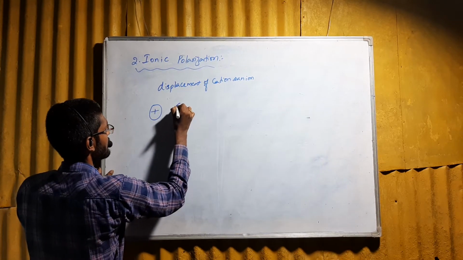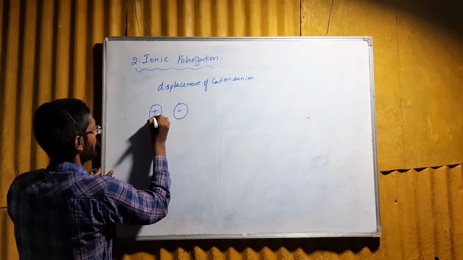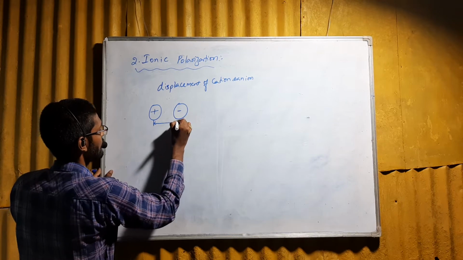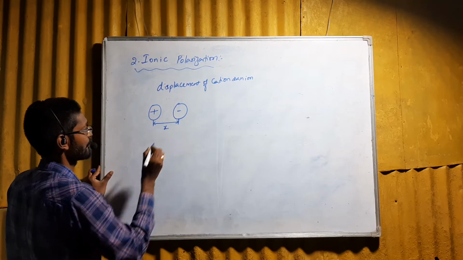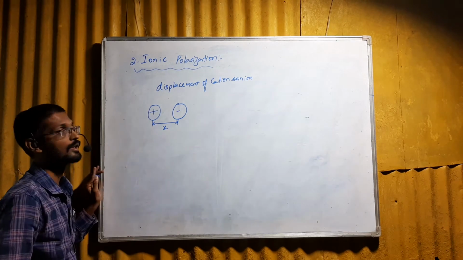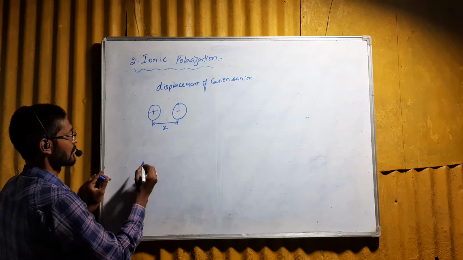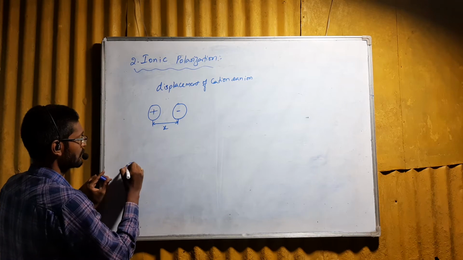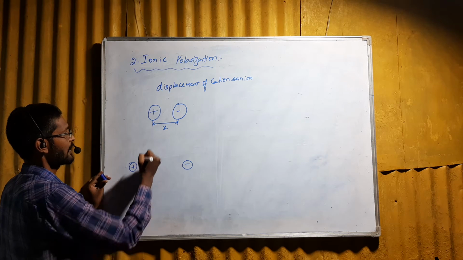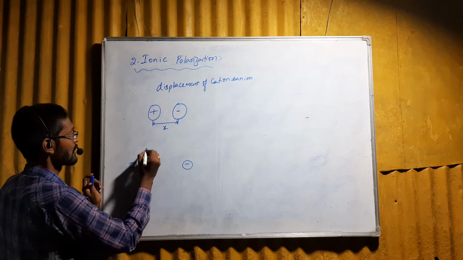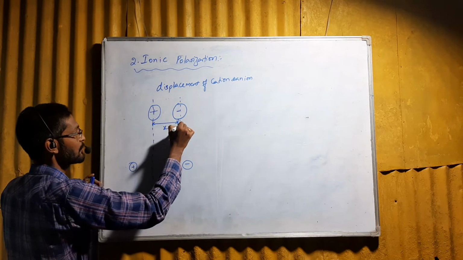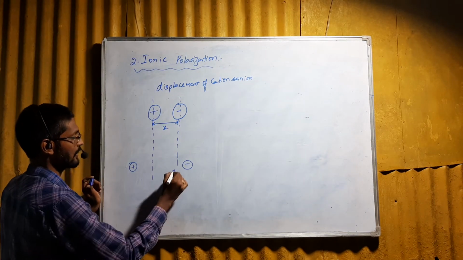Let us assume the distance between the centers of these two ions is x. When an electric field is applied to this dielectric material, the cation and anion will be displaced from the initial position. Let us assume this is the initial position of this positive ion and this is the initial position of this negative ion.